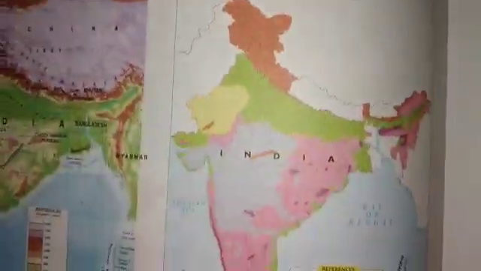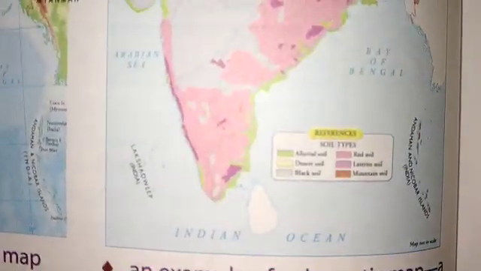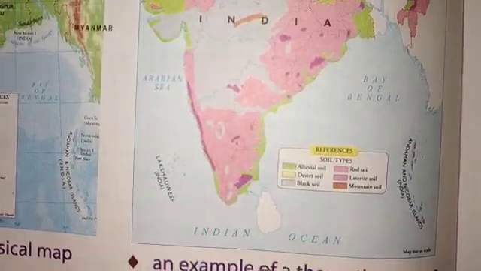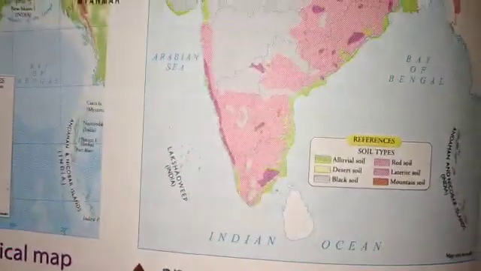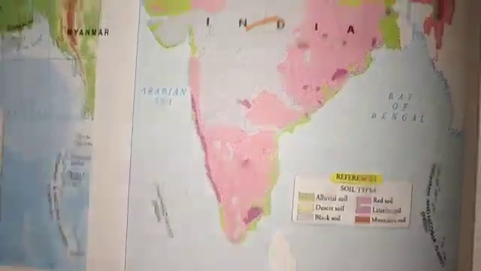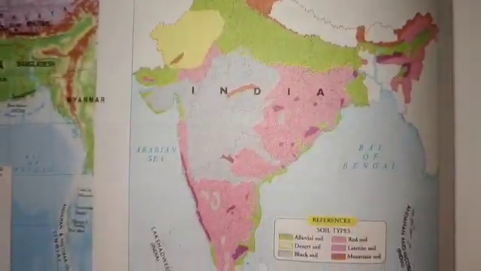And the next one is the thematic map. This map is showing where the deposit of alluvial soil is, where the desert is, where red soil is, where mountain soil is, and where the laterite soil is.